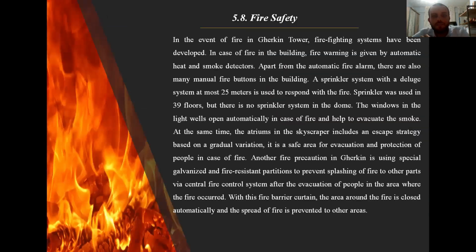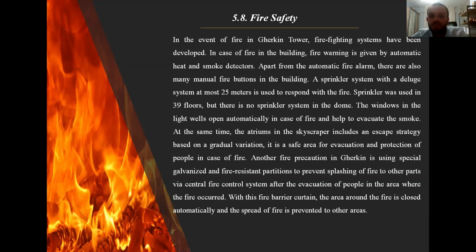5.8 Fire safety. In the event of fire in the Gherkin Tower, firefighting systems have been developed. In case of fire in the building, a fire warning is given by automatic heat and smoke detectors. Apart from the automatic fire alarm, there are also many manual fire buttons in the building.